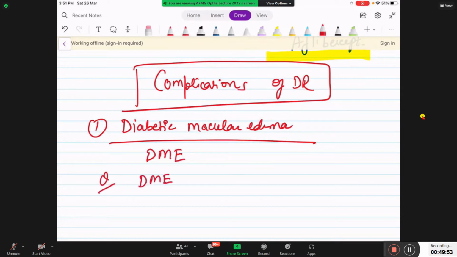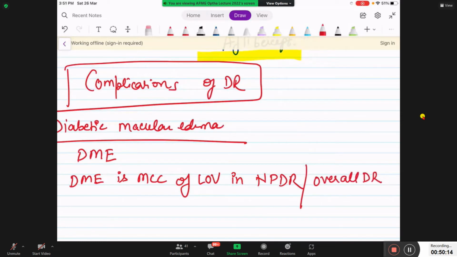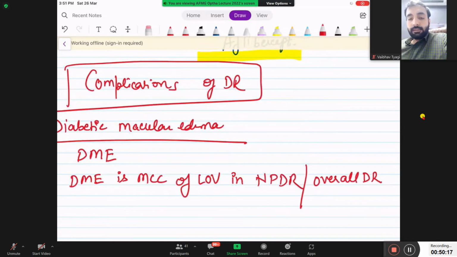Diabetic macular edema is most common cause of loss of vision in NPDR, non-proliferative diabetic retinopathy, and overall diabetic retinopathy. CME is cystoid macular edema. Both are same. Diabetic macular edema is most common cause of loss of vision in NPDR and overall diabetic retinopathy.